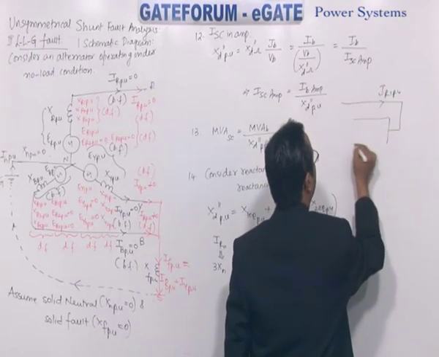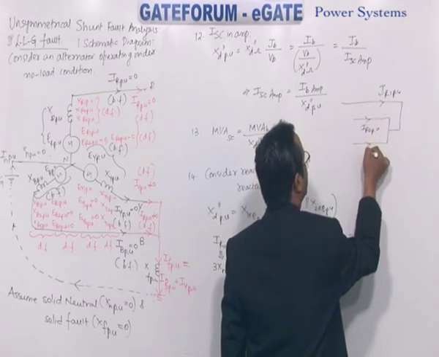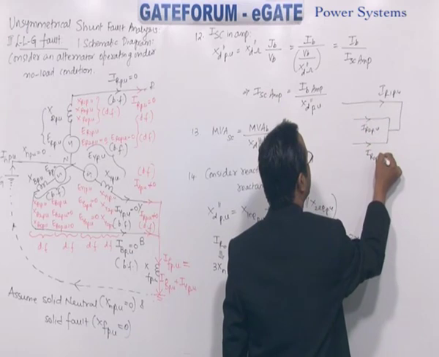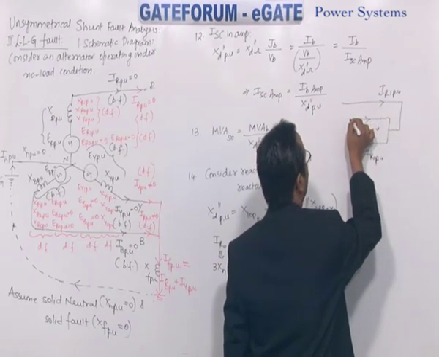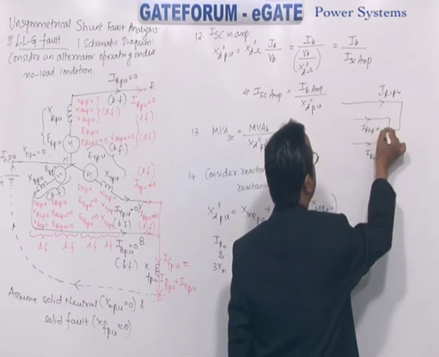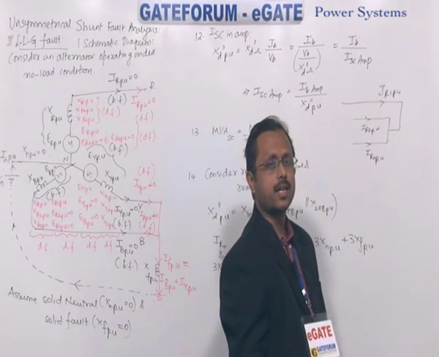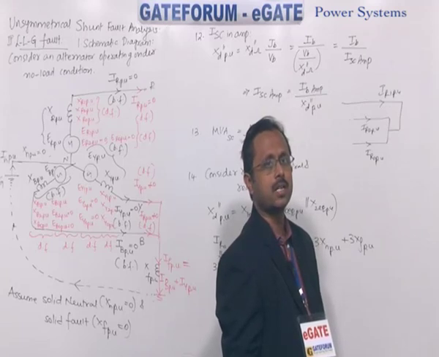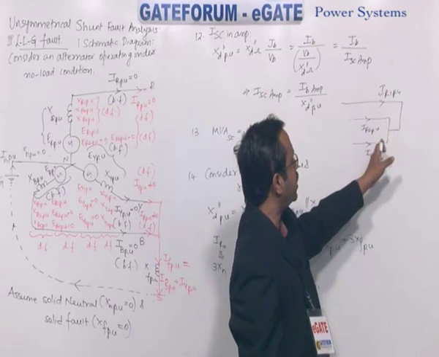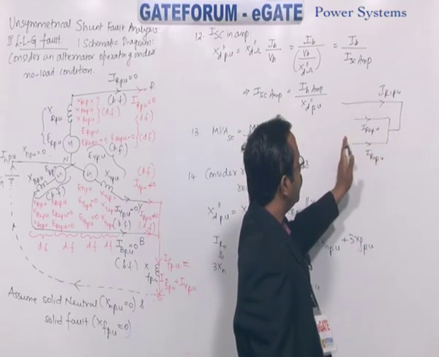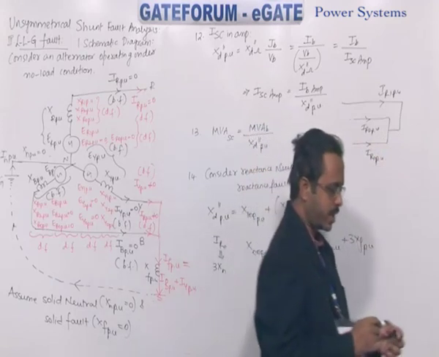Now we have IR2 flowing like this, IR0 flowing like this. IR1 enters, but IR2 should flow like this. But you want current in this direction, so a negative sign. I have a negative sign, please refer the last 5 minutes session. And here IR1 per unit enters, flows like this. But you want IR0 in opposite direction, so a negative sign.